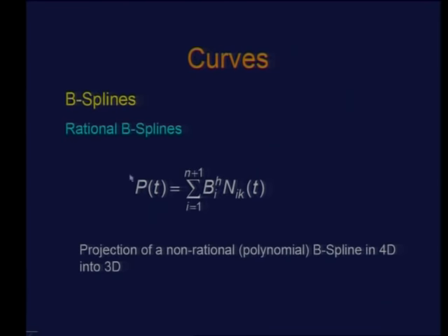Then the rational B splines are nothing but some sort of a projection of these non-rational or the regular B splines which we have seen, defined in 4D space. So, if I am trying to get the rational B spline defined in 3D space, if I consider the non-rational B splines defined in 4D space using homogeneous coordinates, then the projection of that is what I get as rational B splines, right.